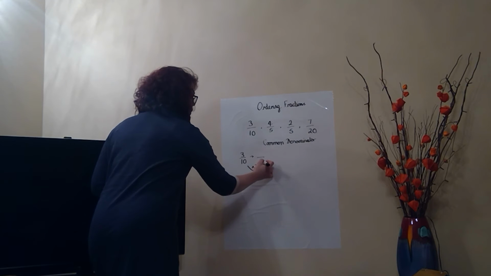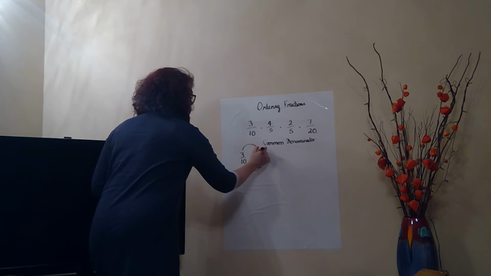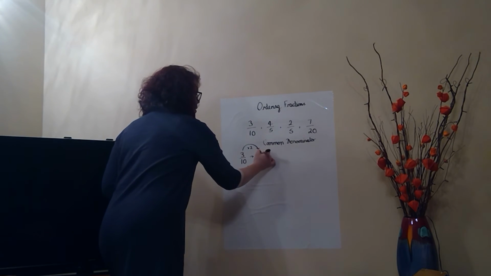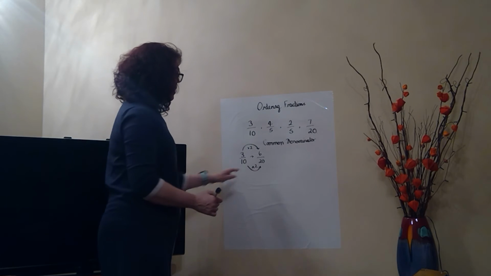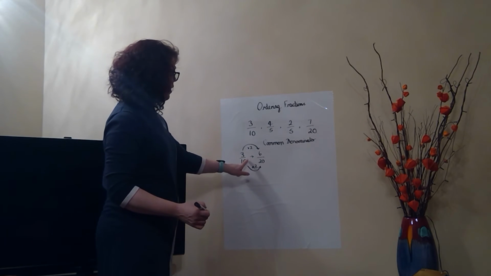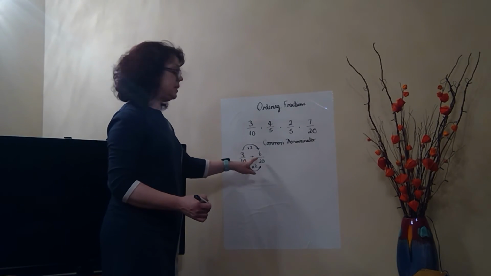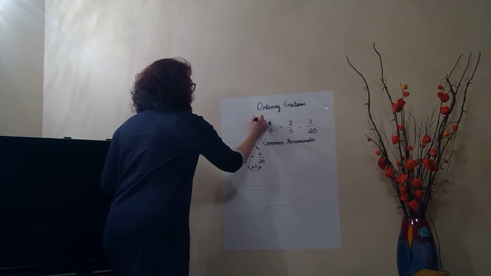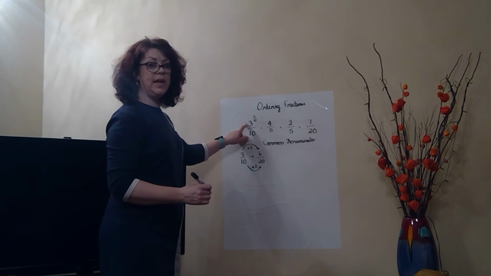So 10 times 2 is equal to 20, and then whatever I do to the bottom, I have to do to the top. So I'm going to change my 3, multiply that by 2, and that will make that into 6. So that will give me 6/20. So my equivalent fraction for 3/10 is 6/20. So I'm just going to make a little note of that by the side so that I don't forget.